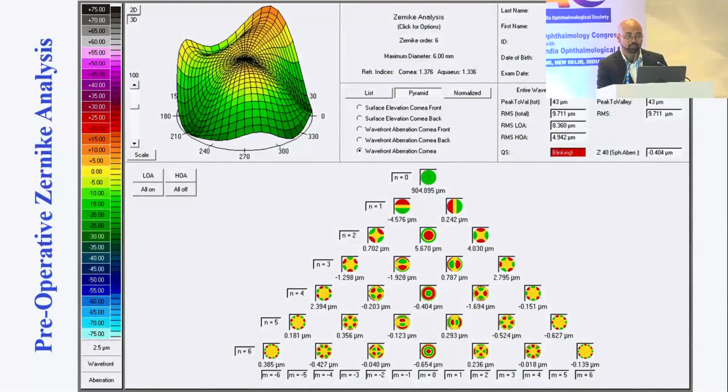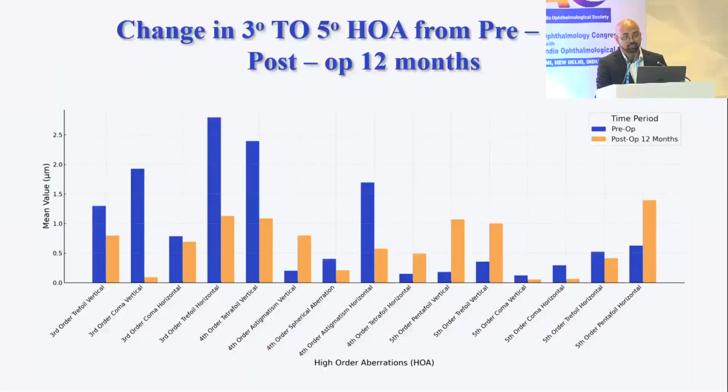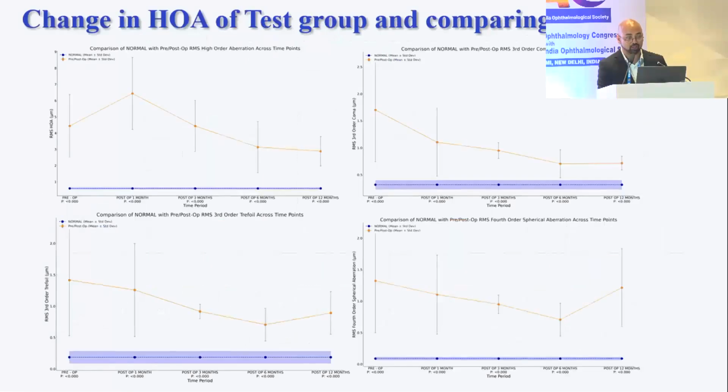The pre-operative Zernike analysis shows RMS total of 9.7 and RMS HOA of 4.9. Post-operatively it became 5.4 and RMS HOA was 2.883. The changes in 3rd to 5th degree HOA pre-operatively and post-operatively show significant improvement except the 5th order pentafoil and trefoil.